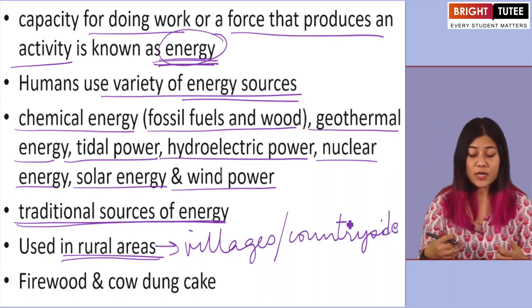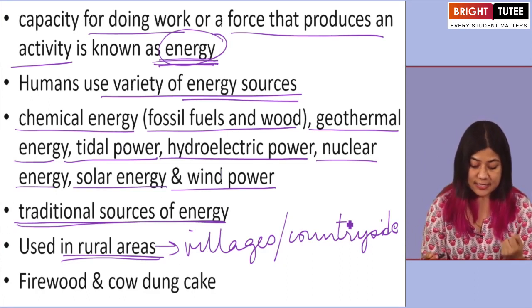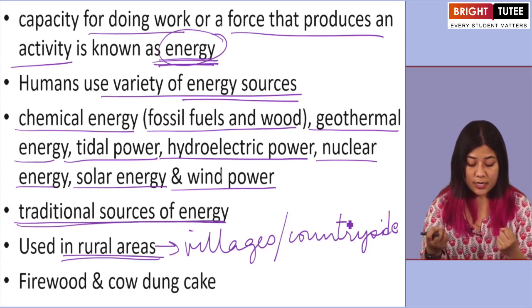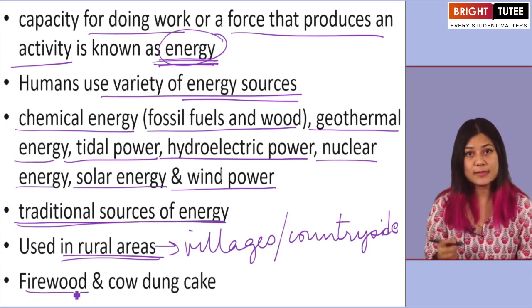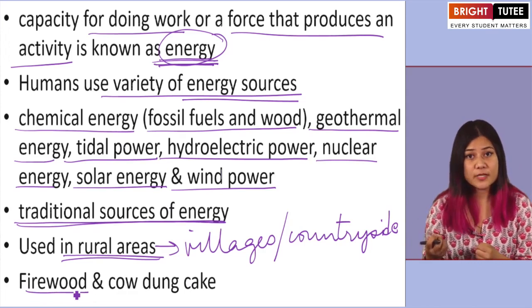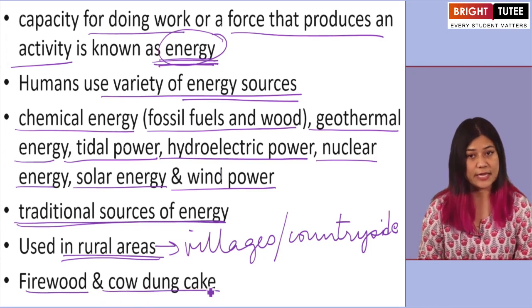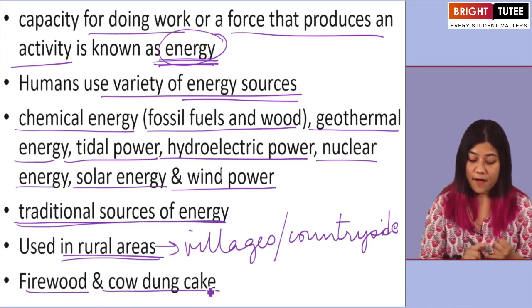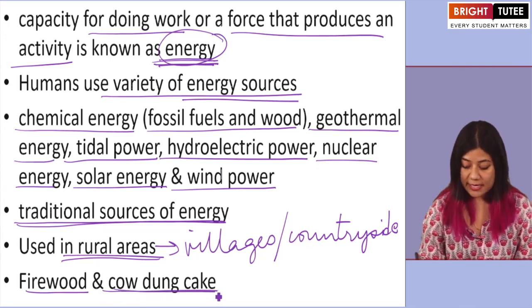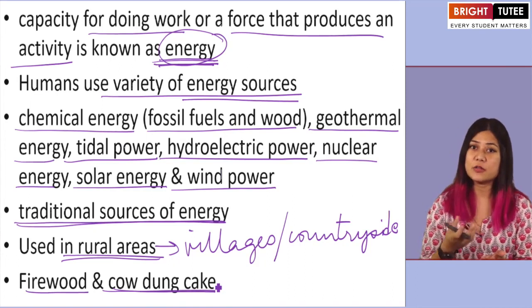And how do we get this energy? It is received from firewood that we fetch from the forest, that we get from the trees, and cow dung cake. These are traditional sources of energy. Firewood, and cow dung cake, a cake-like thing which is made out of cow dung.